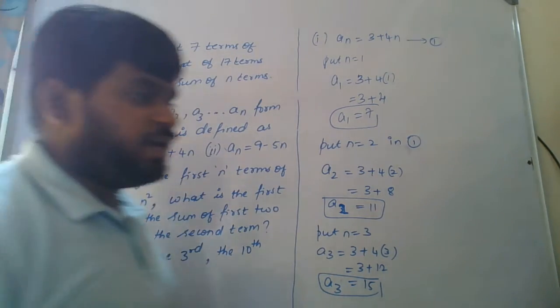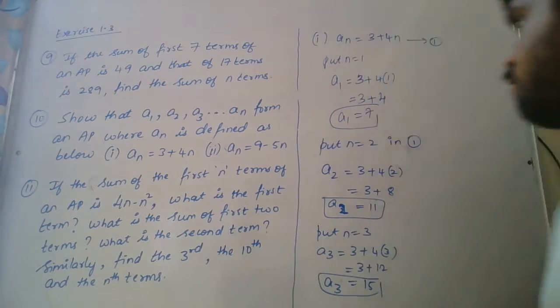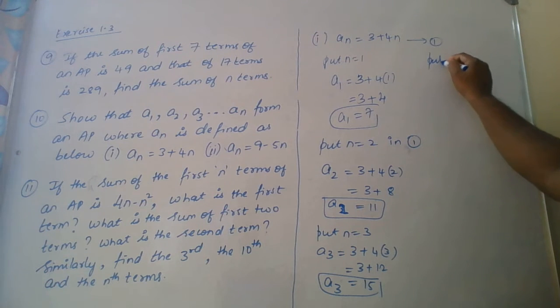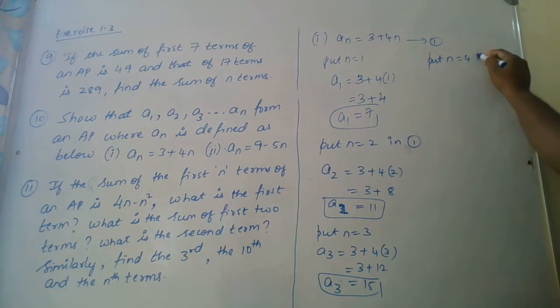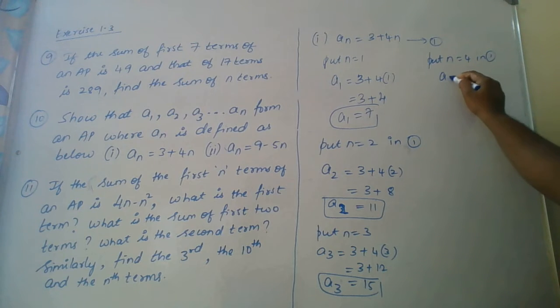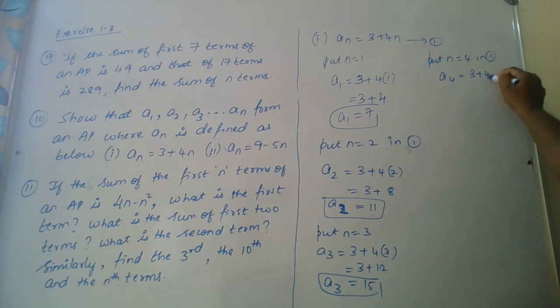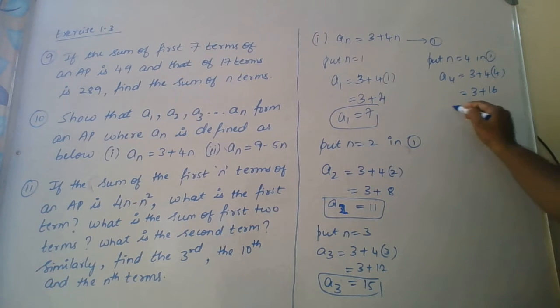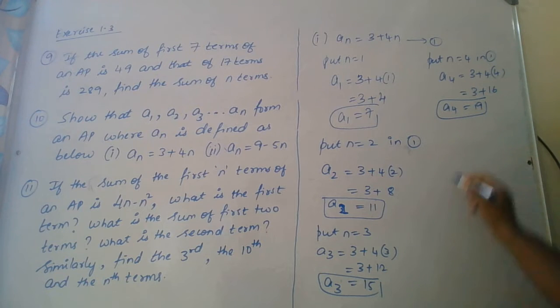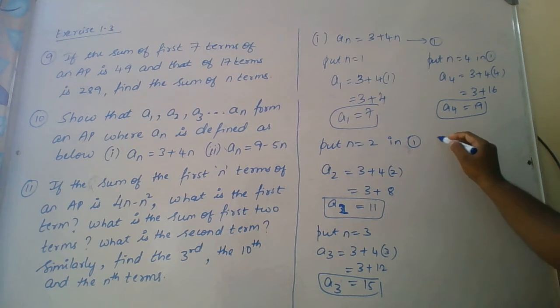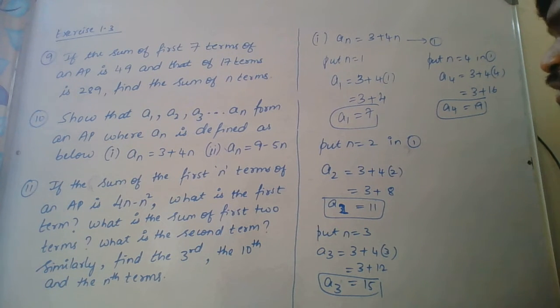Similarly, let's find a4. Put n equal to 4 in equation 1. So a4 is equal to 3 plus 4 into 4, which is 3 plus 16, which is 19. Now let's check whether it is an AP or not, meaning whether a common difference is there or not.